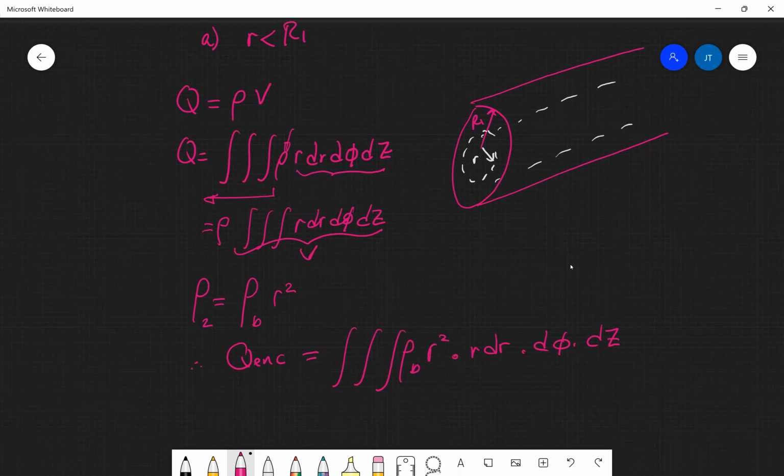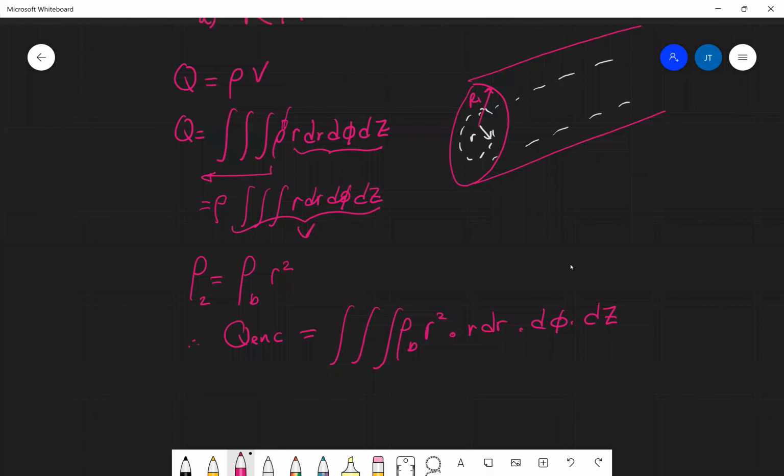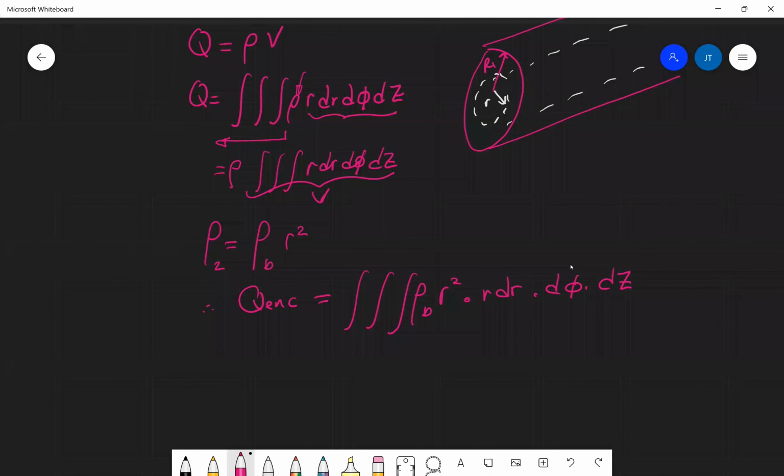So as we can see, rho is radial, so it has no effect on phi and z. And the integrals of phi, z, and r are all independent, so I can rewrite this. And now we'll put the limits in.